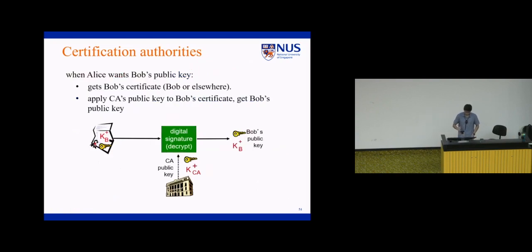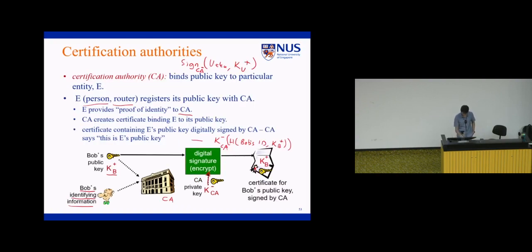And this is what happens. Now, let's say Alice wants Bob's public key. She gets Bob's certificate. So this certificate is just what I wrote here.